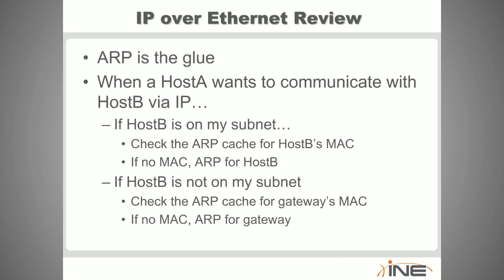We'll consult the ARP cache to see if we already know the gateway's MAC address, or if we don't know the gateway's MAC address, then we're going to send an address resolution protocol request for them. Now, this second step here, when we are ARPing for the gateway, this is where the first hop redundancy protocols are going to come in.